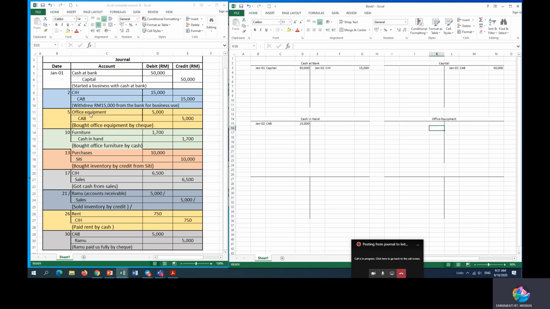So we have equipment debit on January 5th. The entry for office equipment is cash at bank. The amount is 5,000.